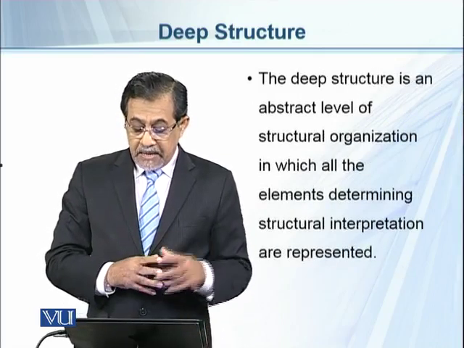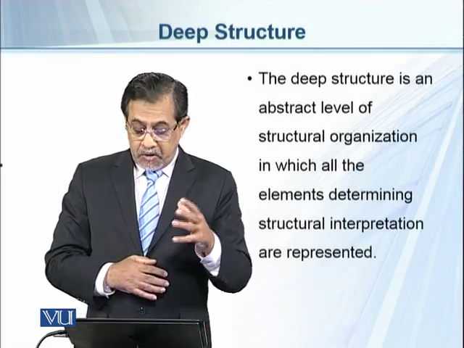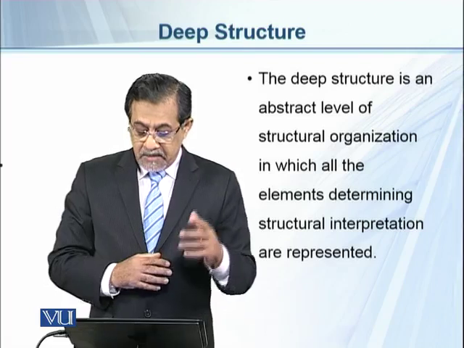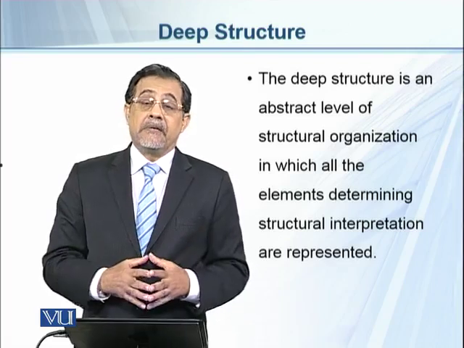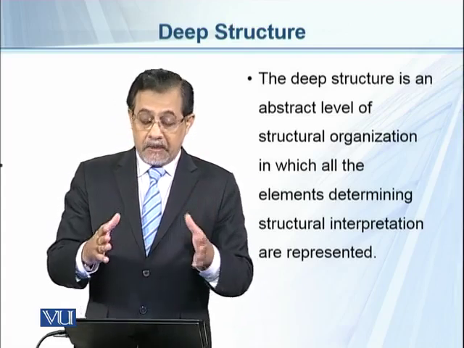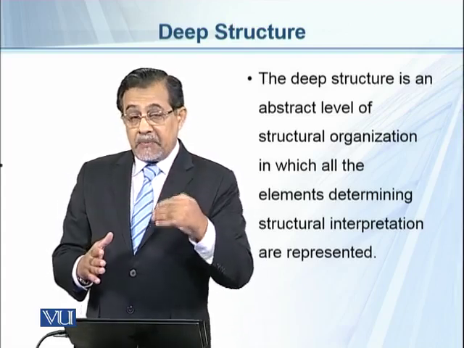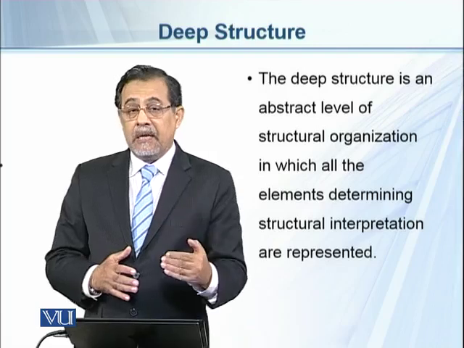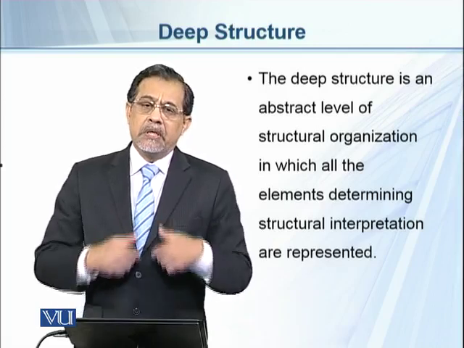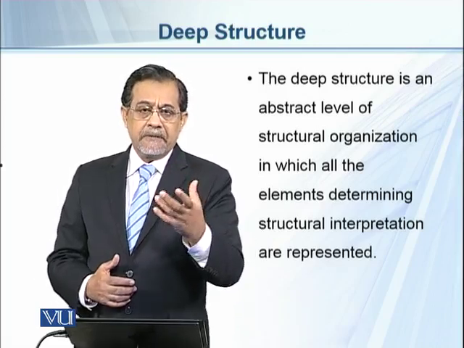The deep structure is an abstract level of structural organization in which all the elements determining structural interpretation are represented. So the structural organization actually takes place at the deep level, and by undergoing certain transformational rules, it comes onto the surface level.